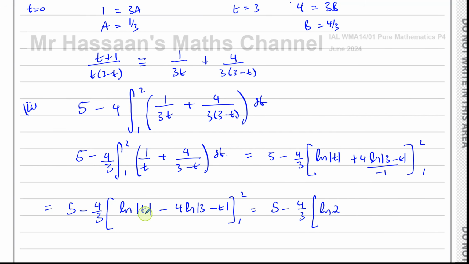I don't have to put the modulus sign once I know it's positive. Minus 4 times the ln of 3 minus 2, which is 1. Minus, and then I'm going to have to put 1 in here, so that'll be ln of 1 minus 4 times the ln of 3 minus 1, which is 2.